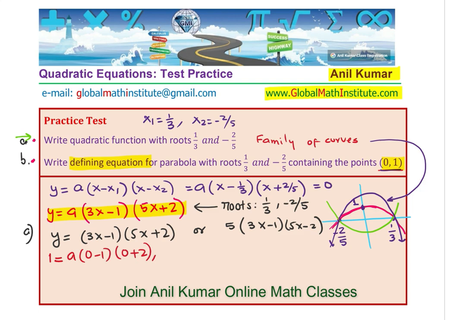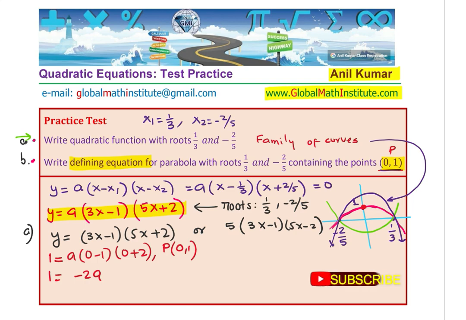So we have introduced the point, let's call this point P, which is the y-intercept, 0, 1. Once I do that, I get minus 1 times 2, which is minus 2a, and that gives me the value of a as minus half. So a equals minus 1 over 2. Once I get that, then I get my final equation.